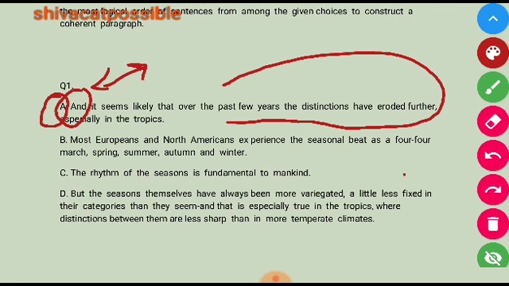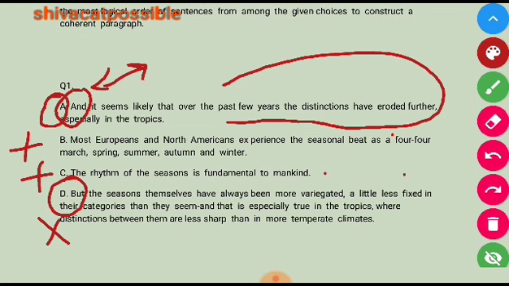The rhythm of seasons is fundamental to mankind. This can also be a general or opening sentence. But here is an added word, so it cannot be a starting sentence. So B or C, one of them will be the starting or opening sentence.